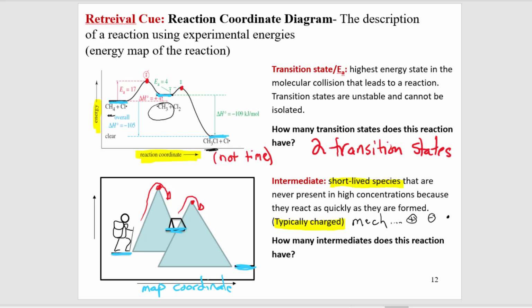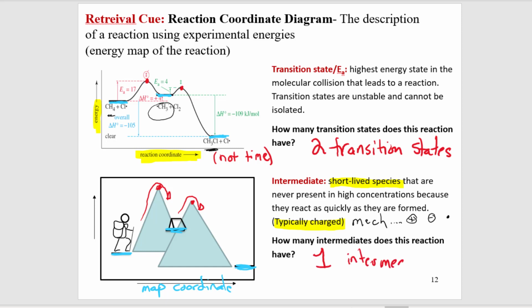And there was this intermediate state in the mechanism where CH3 radical had formed. That's a high energy intermediate. And you can see that it's higher in energy than both the starting material and the product, and is given the spot on the energy coordinate diagram. So if we look at the energy coordinate diagram or the mechanism, we can see how many intermediates this reaction has. It has 1 intermediate.